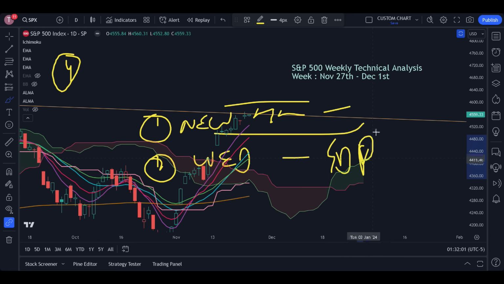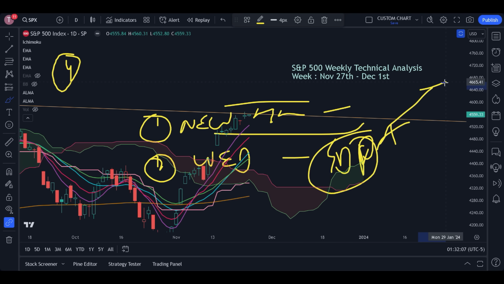The GDP data will be published. Wall Street is extremely bullish on GDP, whereas the Federal Reserve, not just the chairman but the central bank, is bearish on the GDP.